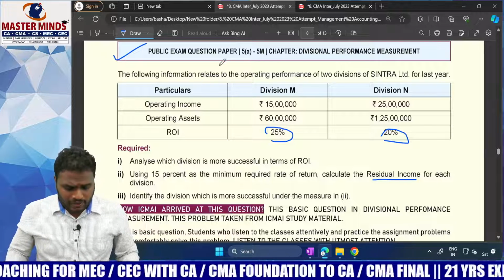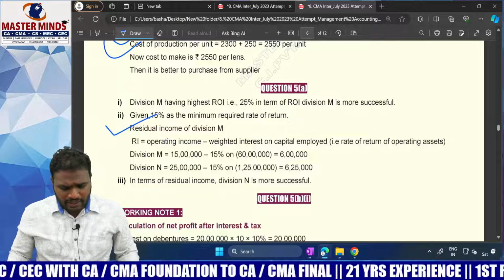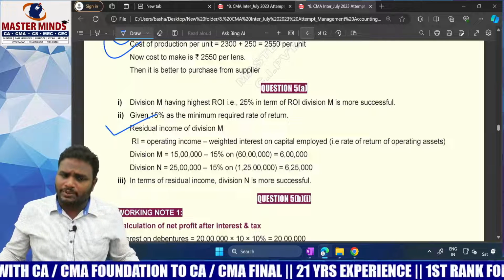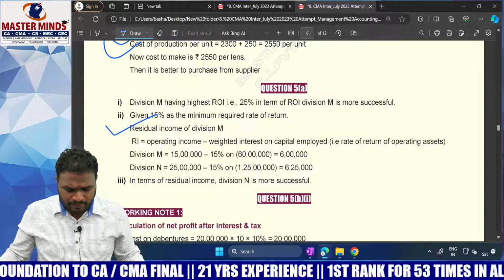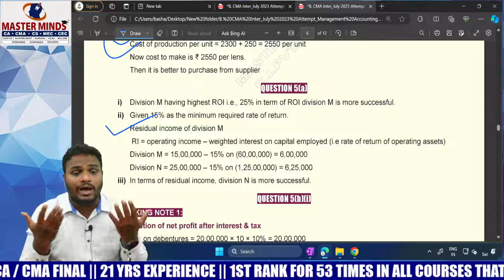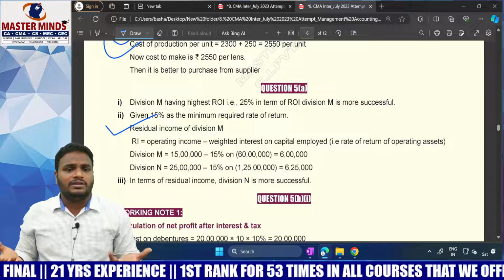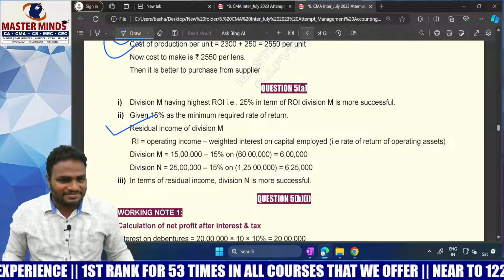Now how can I calculate the RI, sir? Simple. Operating income minus weighted interest on capital employed. For division M 6 lakhs, for division N 6 lakhs 25. Which is the more successful? Which is the more RI? Division N. Very simple. Not even 5 lines, 5 marks.